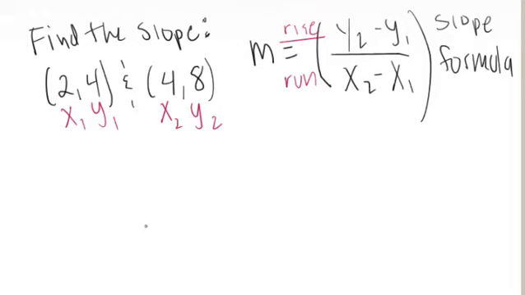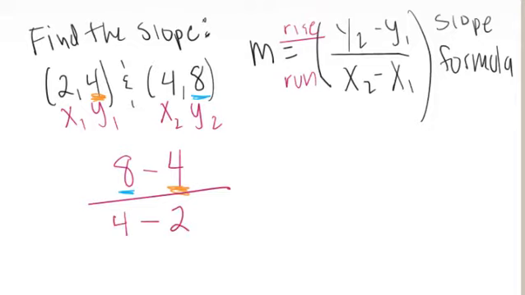So let's go ahead and plug it in. y2 is going to be 8 minus y1. Notice how I got these numbers. I'll match them up with their own color. y2 minus y1, and the whole thing over, and now we've got to get x2, which is 4, minus x1, which is 2.